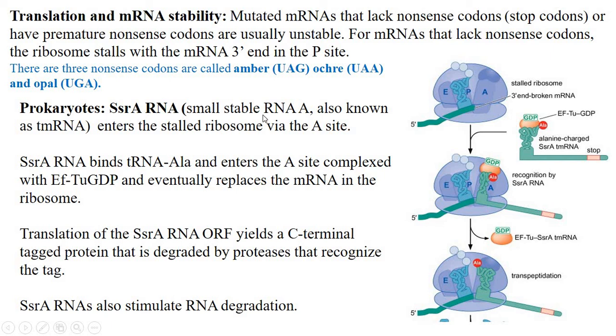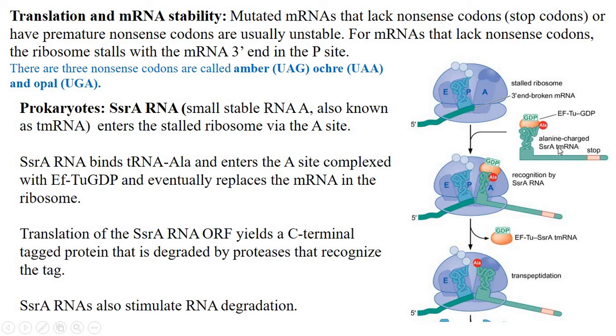This SsrA RNA enters the stalled ribosome at the A site, because there is nothing for the ribosome to do here. There is no real signal to stop translation. This is the last codon, and it's just sitting there. So this SsrA tmRNA will enter the A site.